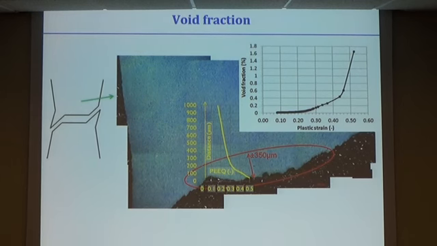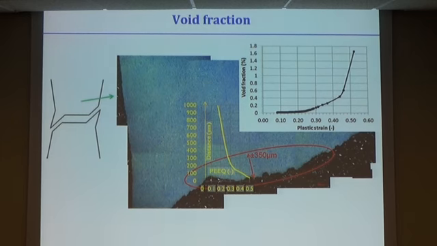If you go to 300 microns, your value is almost half. With that information on the gradient of the plastic strain, we plotted the void fraction we counted as a function of the plastic strain, and we got a curve like that.